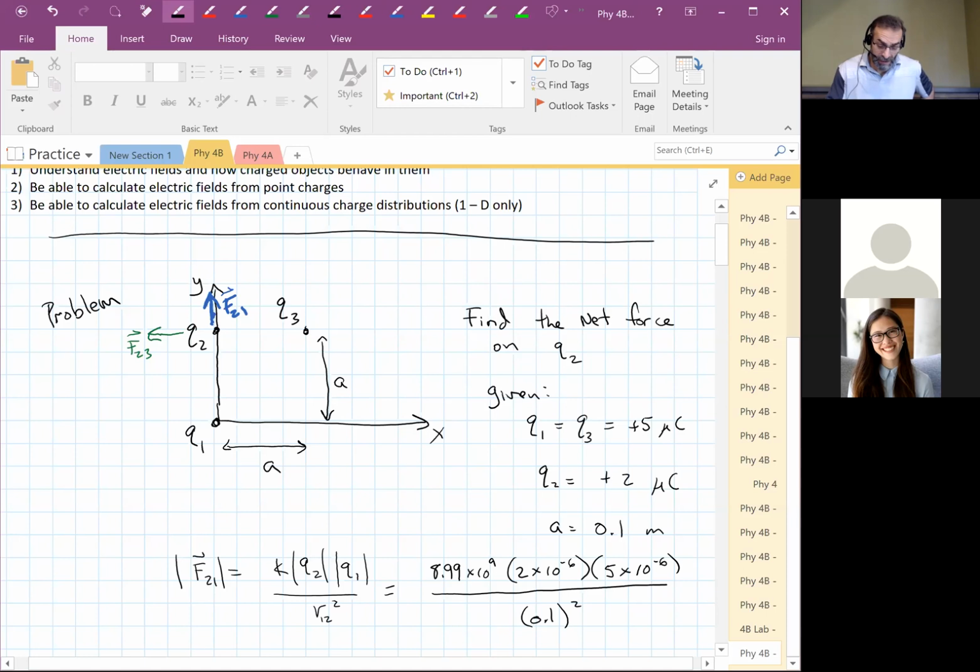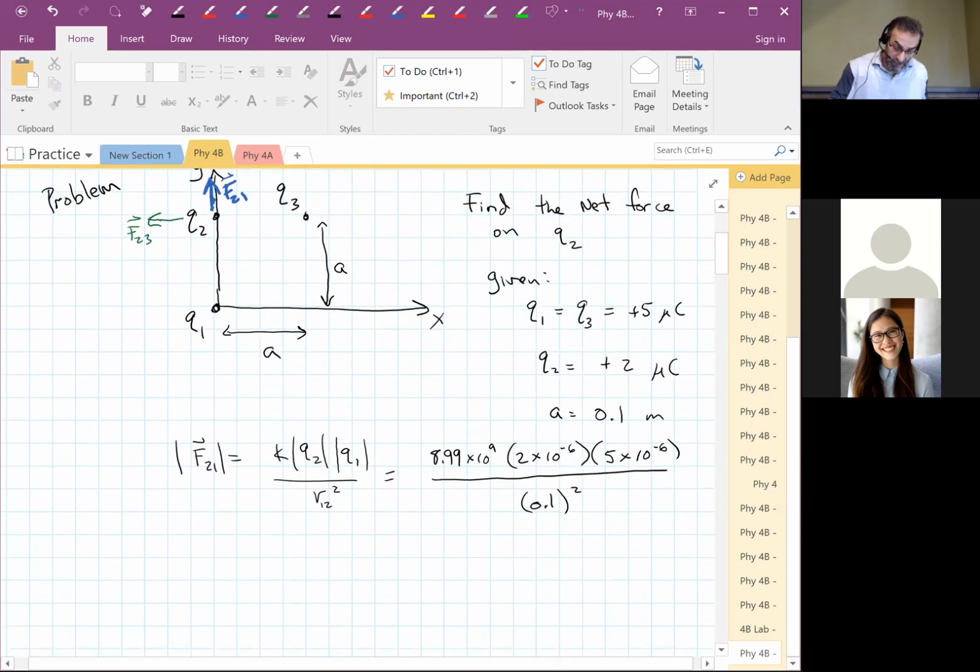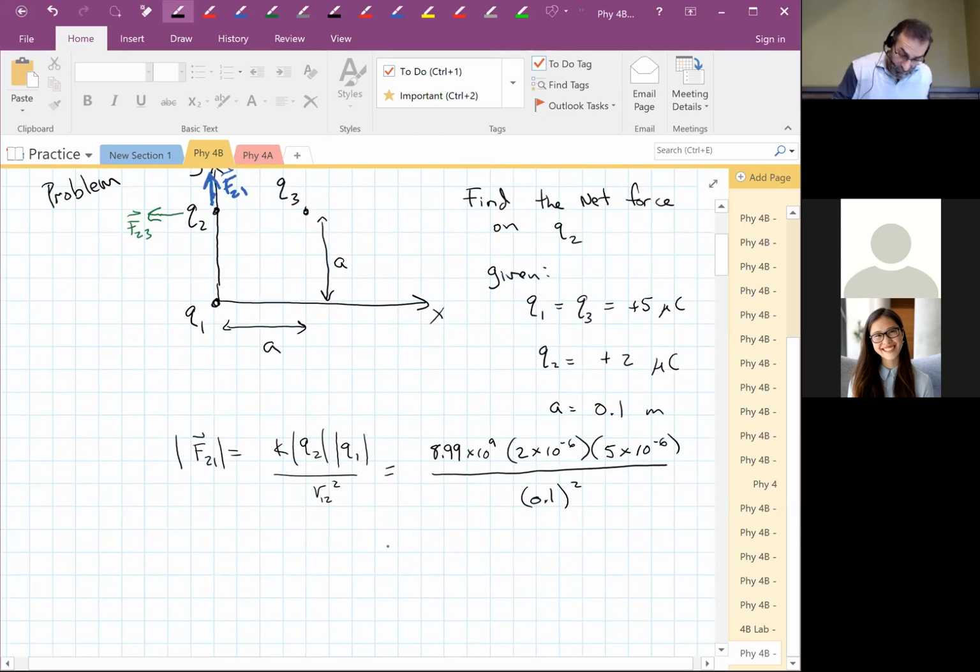So as I plug in the numbers here, K is our constant, 8.99 times 10 to the 9th. Our charges are 2 microcoulombs and 5 microcoulombs, that's 10 to the minus 6 coulombs on each of those. And our distance is 0.1 meters, and we square that. So I get 8.99. Now I know the direction is straight up.